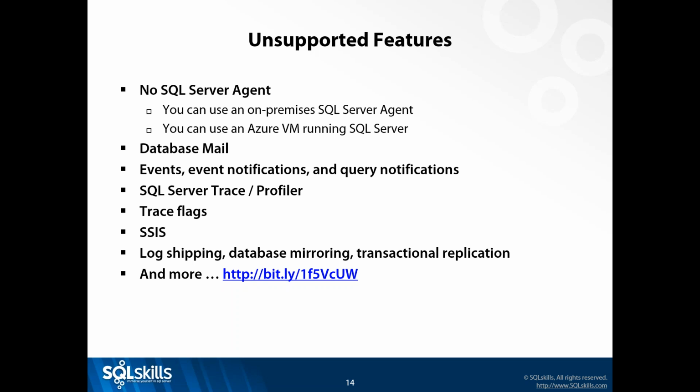Microsoft, in the Azure data center, is responsible for the SQL Server engine, and we're just getting databases, contained databases within this ecosystem. We shouldn't be able to do anything at the instance level. We're just database as a service. So trace flags and Profiler, those things make sense that we can't do. Agent would be for the instance as well.